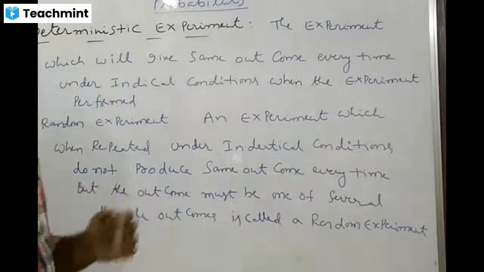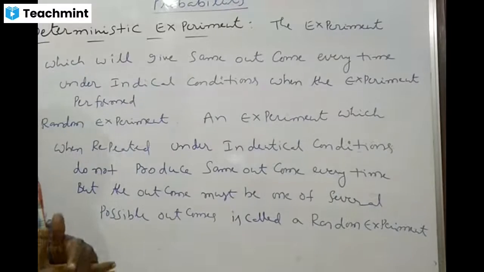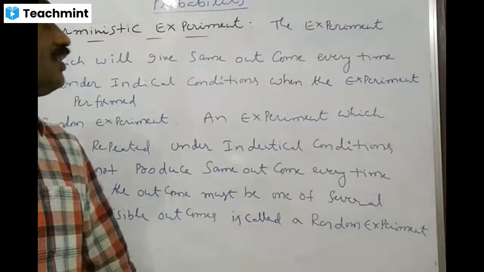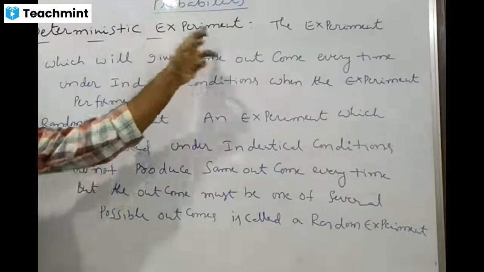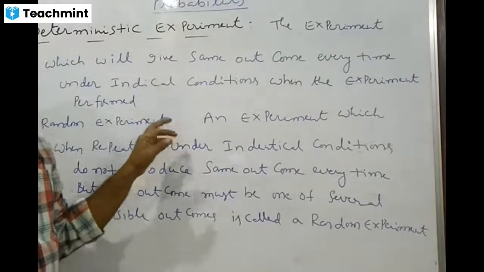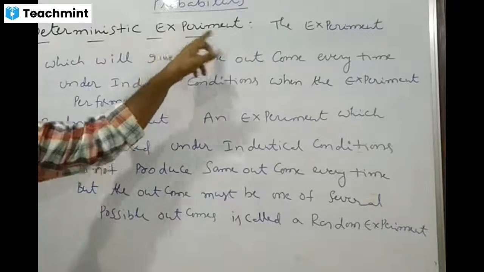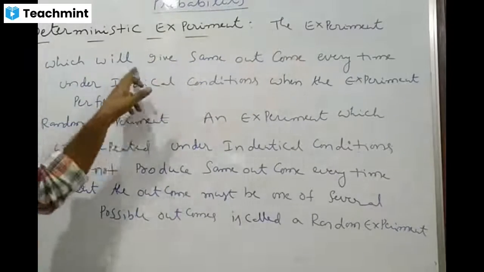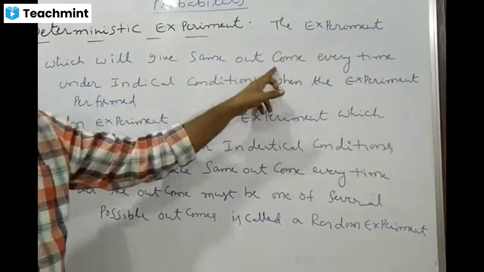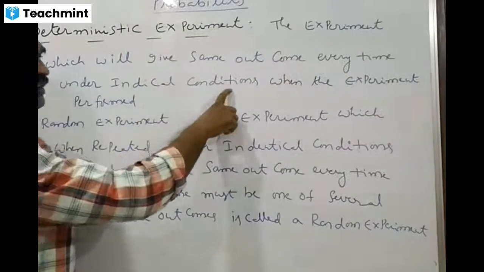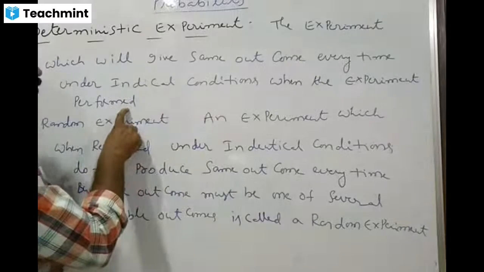Okay, students, let's start probability. In probability, there are two kinds of experiments. One is a deterministic experiment, and the second is a random experiment. A deterministic experiment is an experiment which will give the same outcome every time under identical conditions when the experiment is performed.